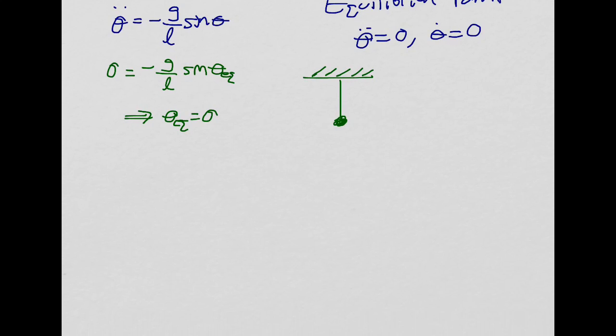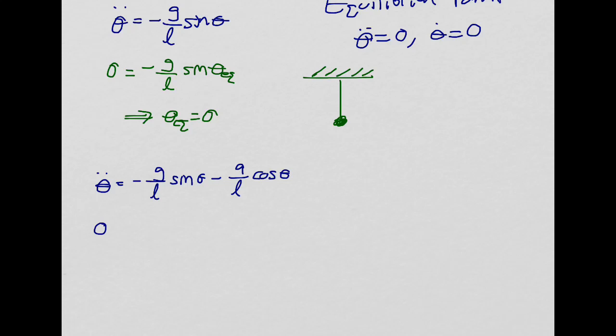We got theta double dot is equal to negative g over L sine theta, and then minus a over L cosine theta. Okay? So we're going to do the same thing. We're going to set theta double dot equal to 0, theta dot equal to 0, and then solve for the theta that satisfies that condition.